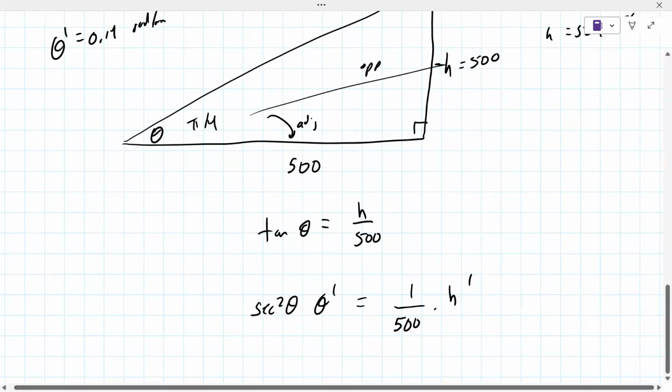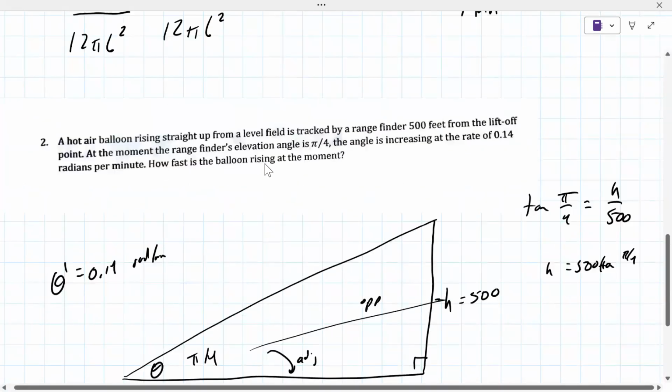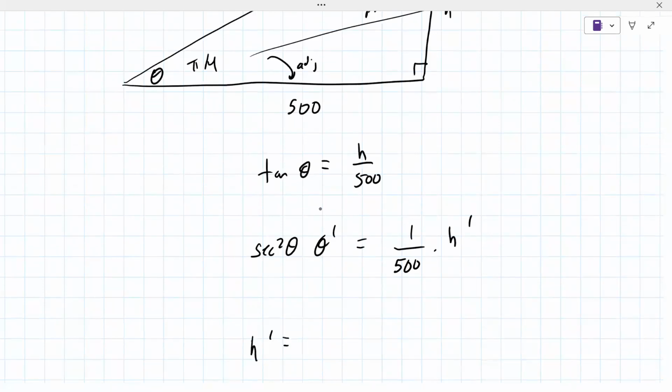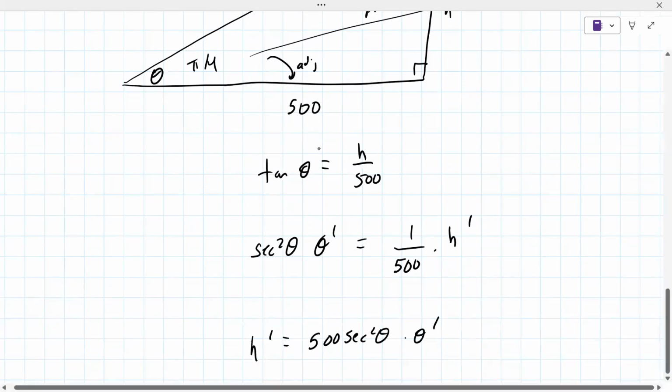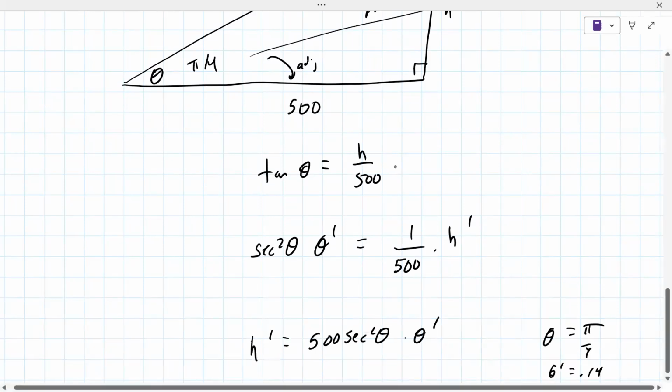Okay, so we're interested in solving for H prime. If it's not clear why, again, it says how fast is the balloon rising at that moment. H prime is 500 secant squared theta prime. So we know the angle is pi over 4. We know that theta prime is 0.14.